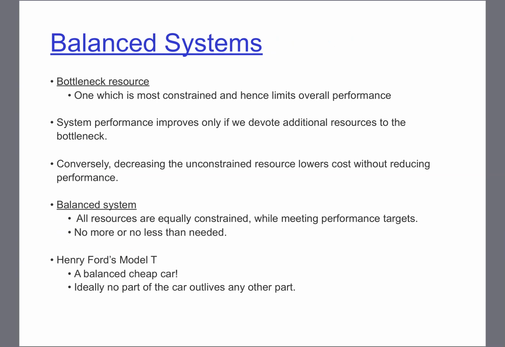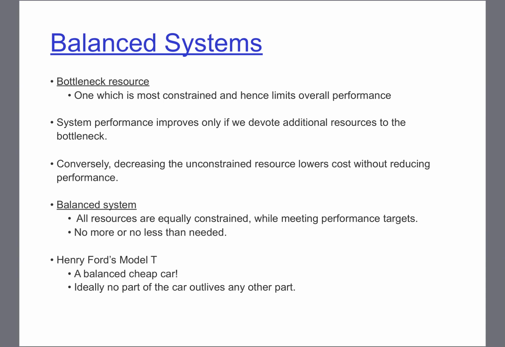All right. So balanced systems, we looked at how, when we are trying to achieve a particular performance for a system, in order to improve the performance, we have to identify where the bottleneck resource is. And once we identify a bottleneck resource, then we can add more resources at the bottleneck to achieve a particular constraint, right?